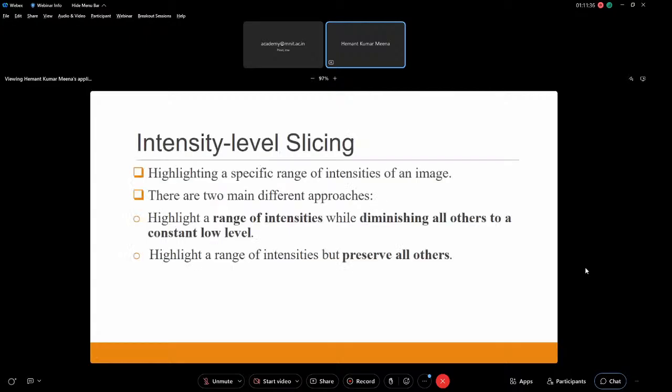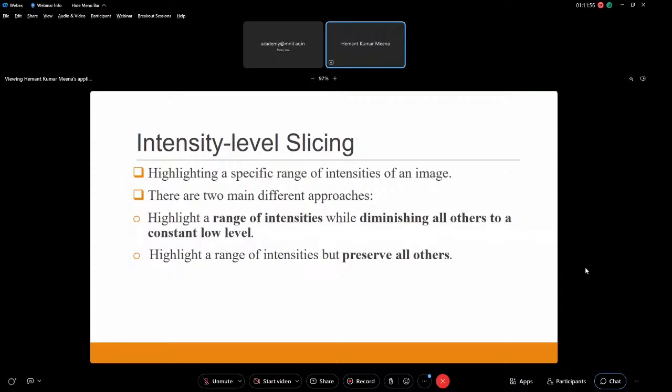So first we consider intensity level slicing. Here we highlight a specific range of intensities of an image. Remember, all the demarcation is based upon the intensity of the pixels of the image. Two different approaches are there.